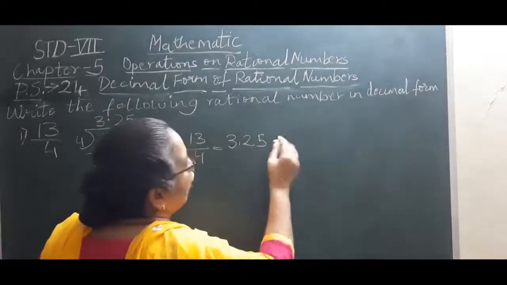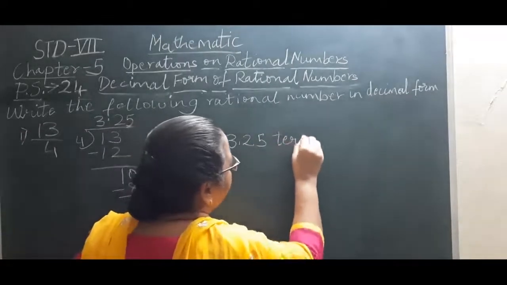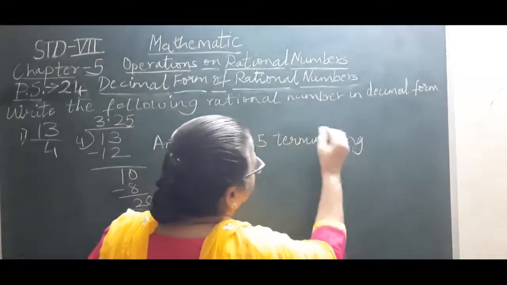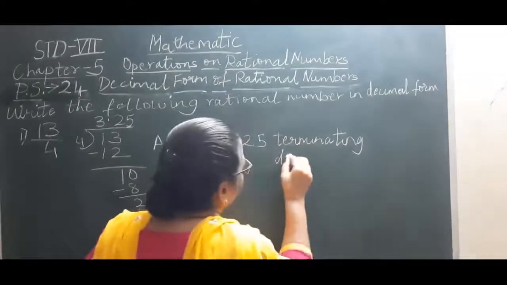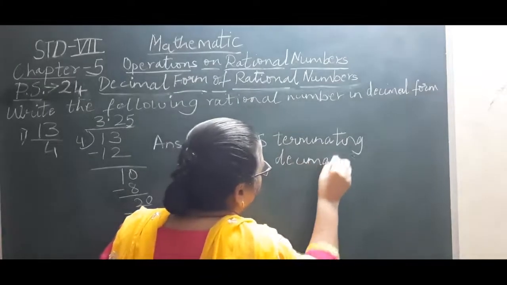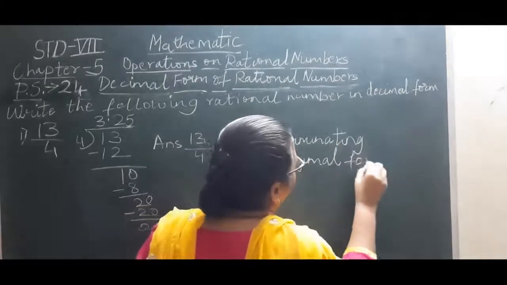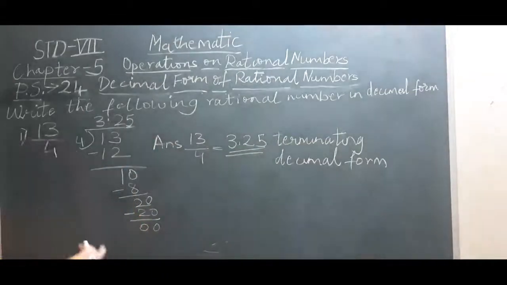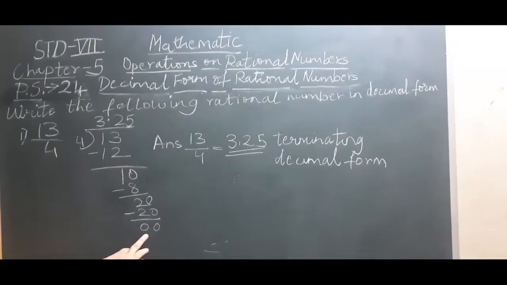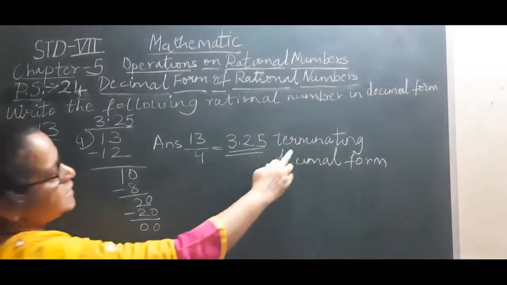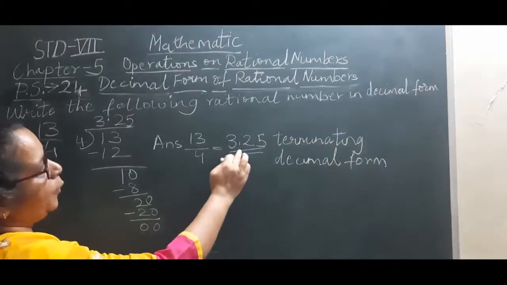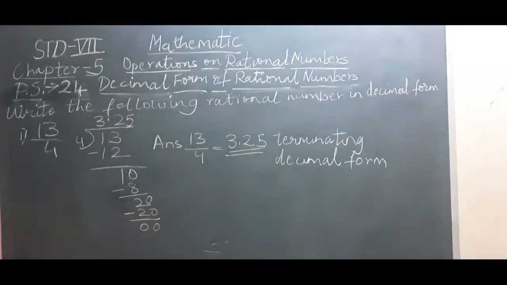It is called terminating decimal form. It is very easy, children. Have you all understood it? When the remainder is 0, we call it terminating decimal form. And the answer is 3.25.